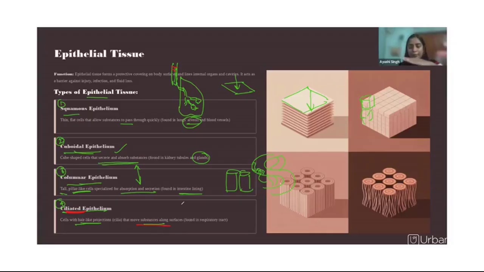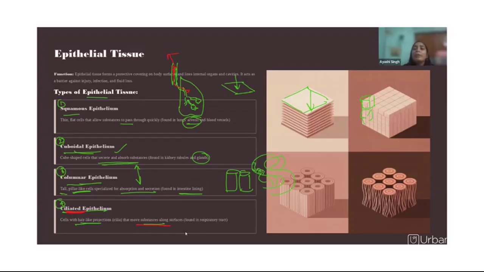Like for example, if my hand is here, a lot of hair is here. If something is moving, the hair will push it in a certain direction, along the surface. That's how the air will move in and the dust, or unnecessary particles, will move out. So this is the epithelial tissue.